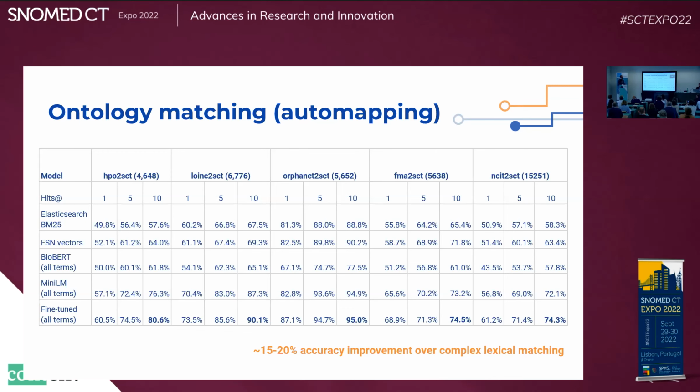You can see the numbers: in the first row, we have a keyword search engine, Elasticsearch. It produces 50 up to the 80s in terms of Orphanet, for example. So it's quite okay, but if you go down, you see that with AI we can do much better. When we use the fine-tuned algorithm, we can even reach 95% accuracy when you map those ontologies. For certain ontologies, it's 75 or even 80. It's much, much better.